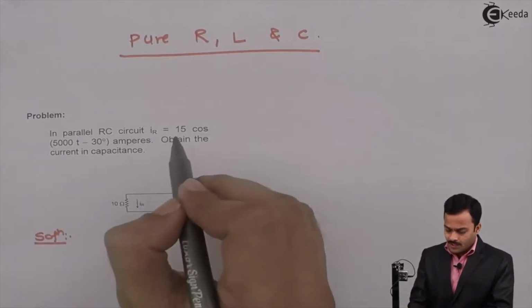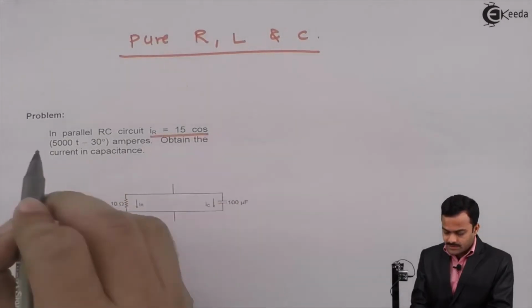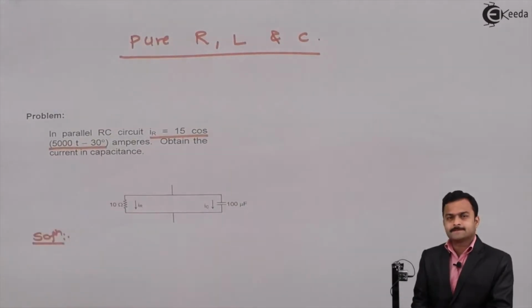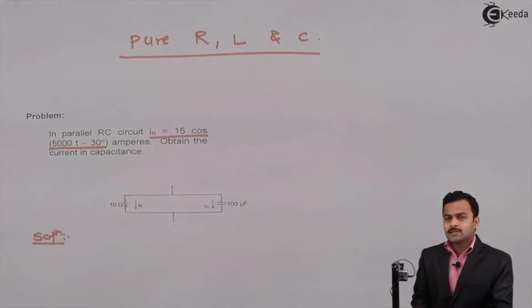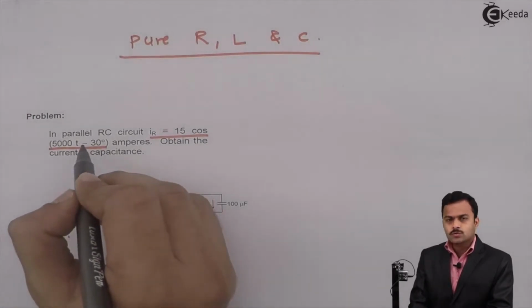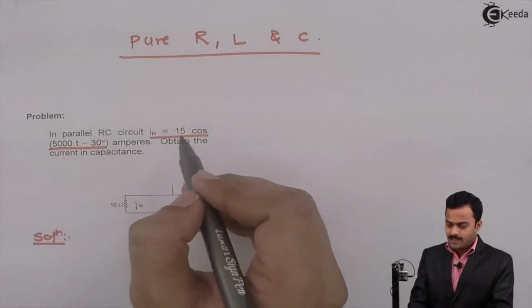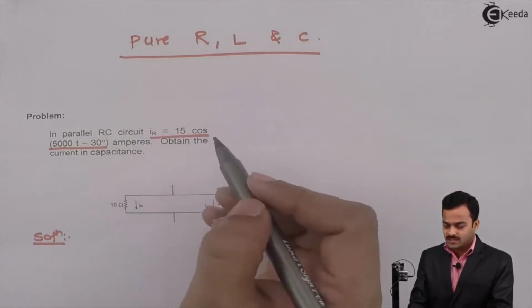First of all, I will convert this equation into a phasor, but here cosine is given. So, I need to convert cosine into sine. The formula is simply that I add 90 degrees to the existing angle and then convert cos into sine.